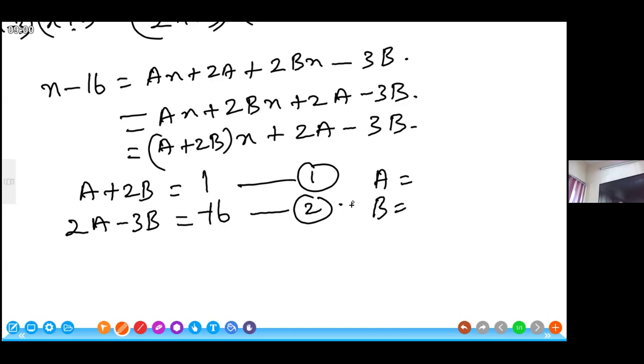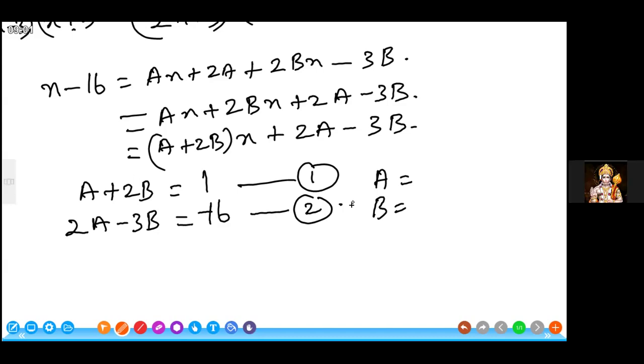Susanna? Yes. B is equal to 18 by 7, a is equal to minus 29 by 7. I'm getting a different answer. Anybody else?